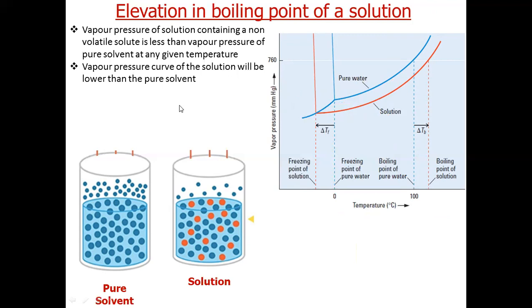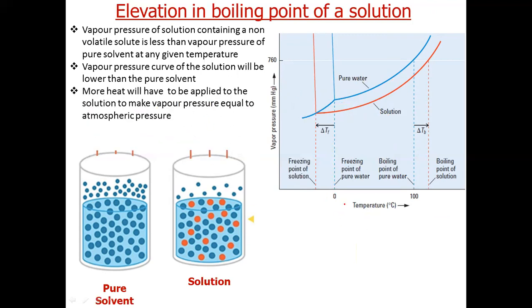Now we know what boiling point is. Boiling point is the temperature at which the vapor pressure of the liquid becomes equal to atmospheric pressure. Suppose this white line corresponds to the atmospheric pressure. Now let us see at this temperature the vapor pressure of pure water is this much.